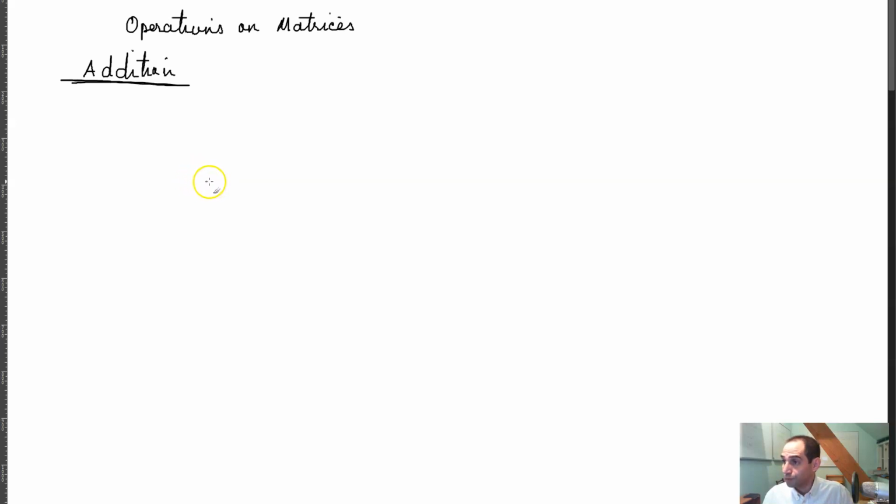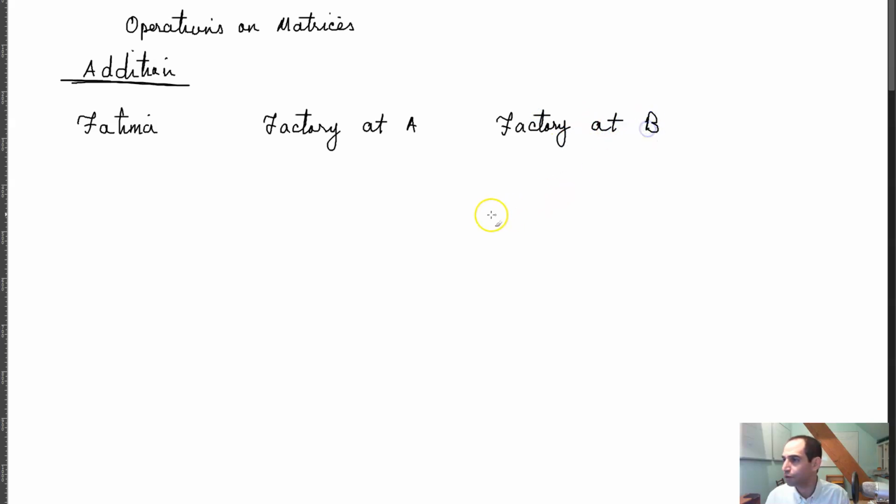So now there is an example over here which seems to be a good example. Fatima has basically two factories at places A and B. So you have a factory at place A, and you have a factory at place B, right?